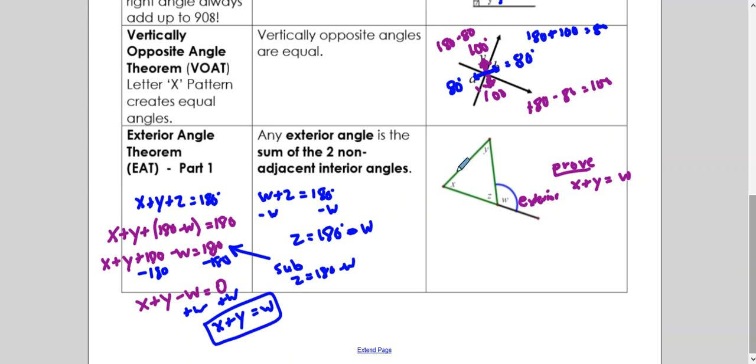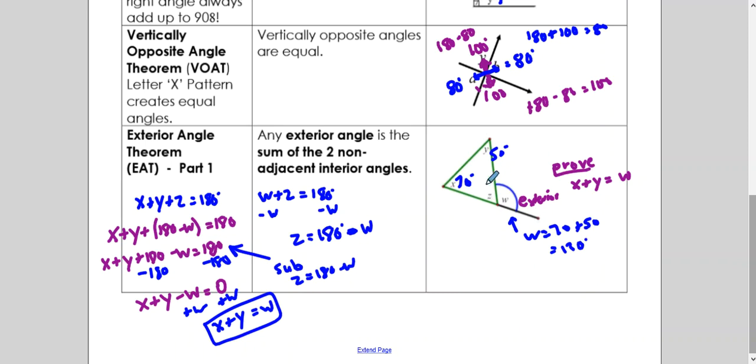So if we're using this as an example, let's say these angles are 70 degrees and 50 degrees. To figure out z, we could do 180 minus 70 and 50. But my w here would be just 70 plus 50. That's 120.